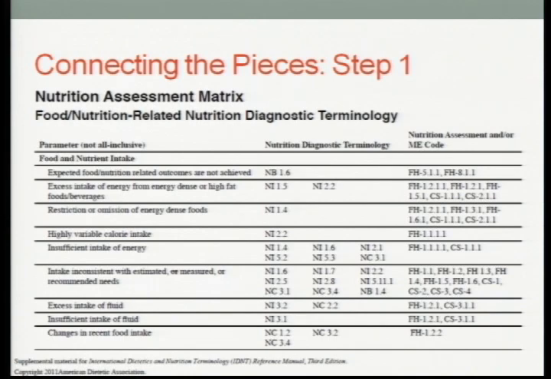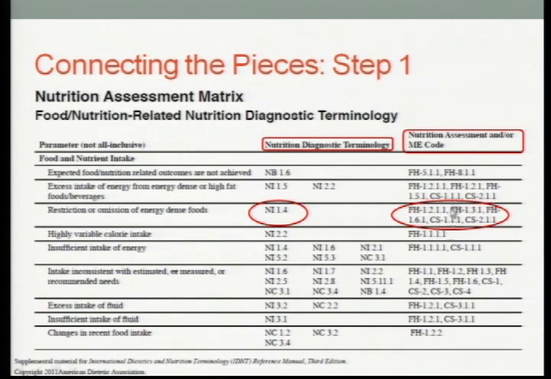So this is one of the slides that's going to show you a bit about connecting the pieces. If you see this, you have this column that shows you the nutrition diagnostic terminology. You have a column that shows you the nutrition assessment and/or ME, and ME stands for monitoring and evaluation code. And then you can kind of take a look. So let's say that you have assessments that indicate these different assessment codes lead you to a certain level of finding.